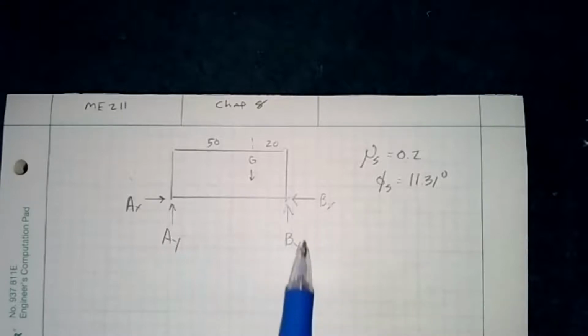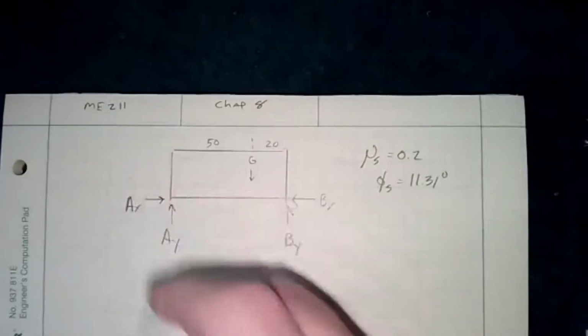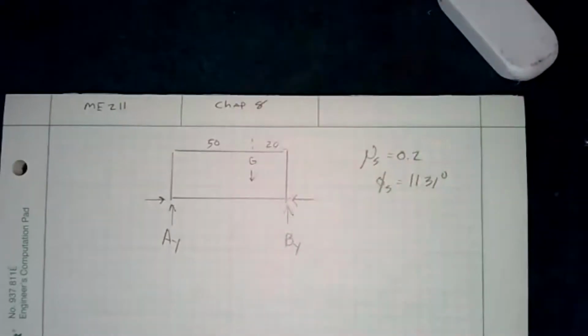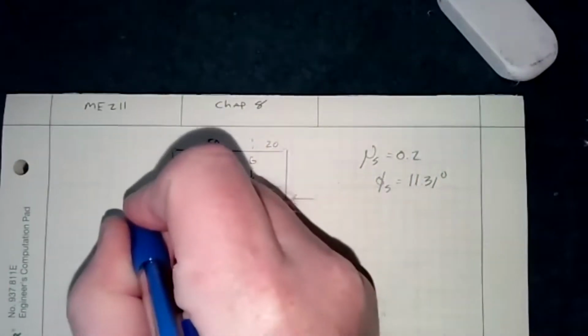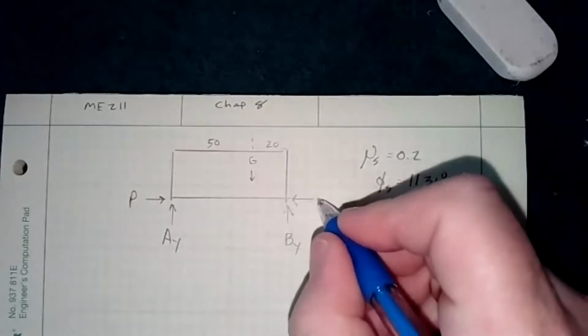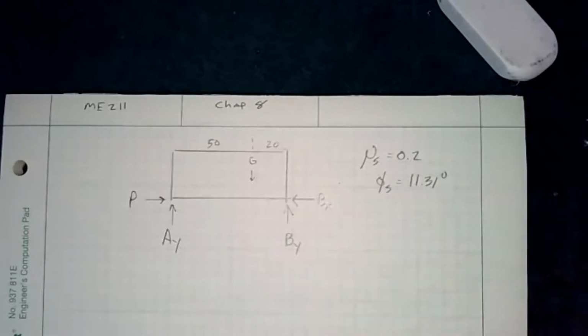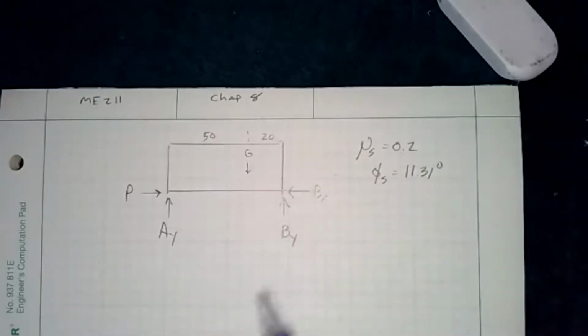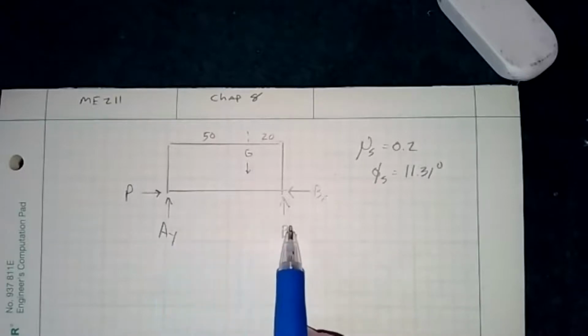So that's another way. In fact, if it's easier, we can think of that as the force that we're putting on AX and BX. I can think of this as our force P, and we'll just leave this as BX. Actually, that's probably better.